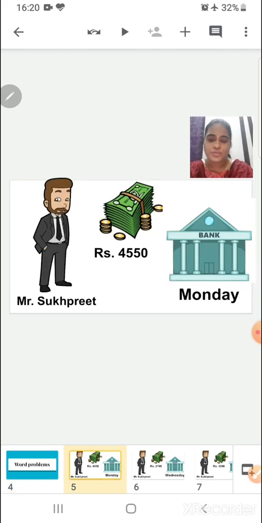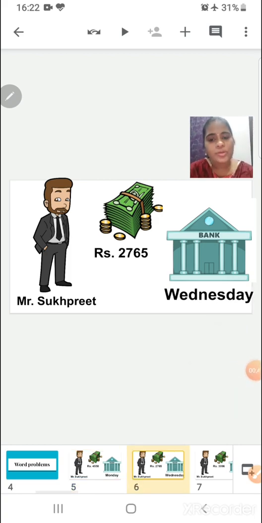Here, Mr. Sukhpreet goes to the bank on Monday and he deposited rupees 4550. Then on Wednesday again he visits the bank and deposits rupees 2765.